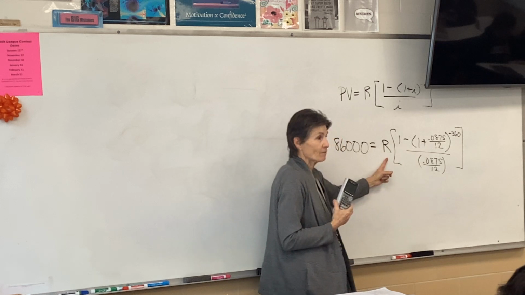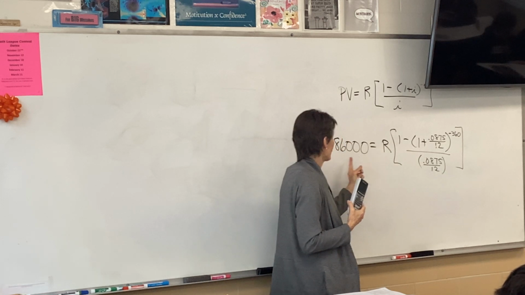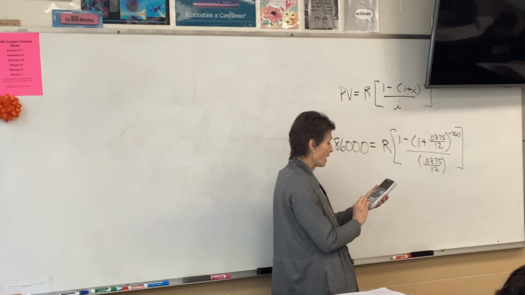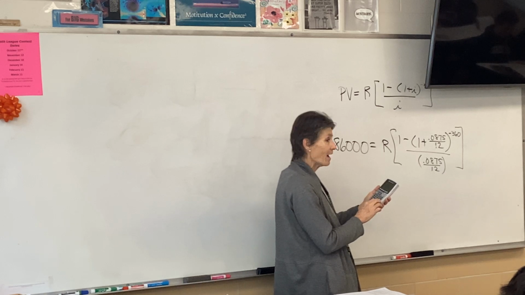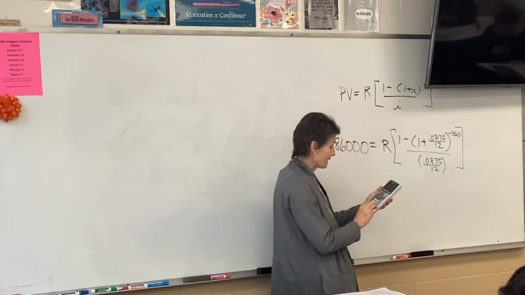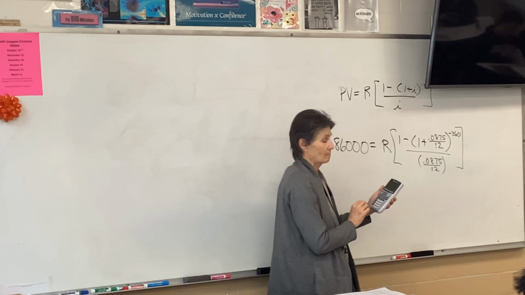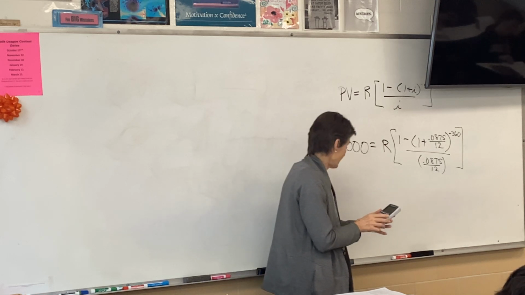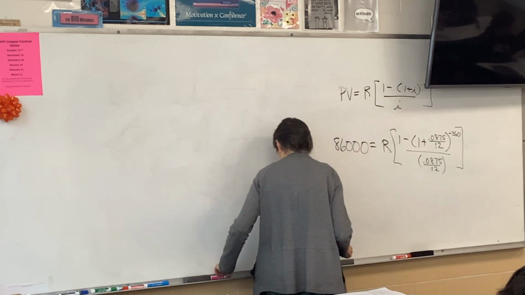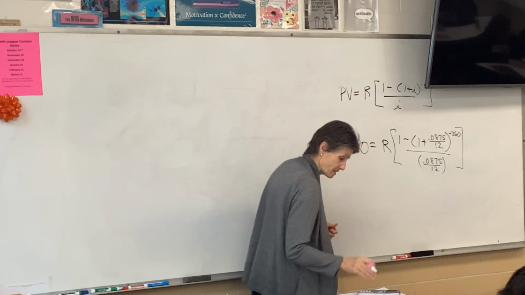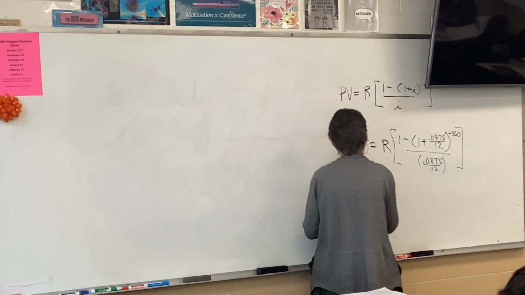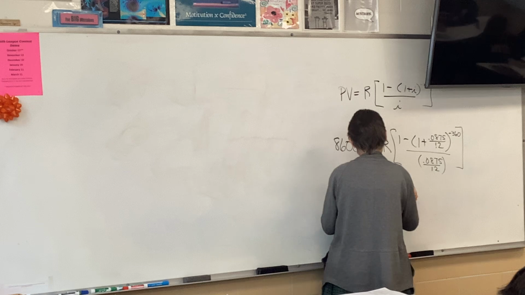You're solving for R. So we're going to take 86,000 and divide it by second answer. And this person's monthly payments are $676.56.